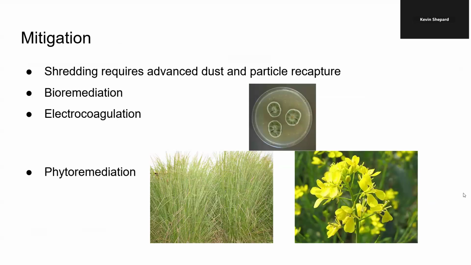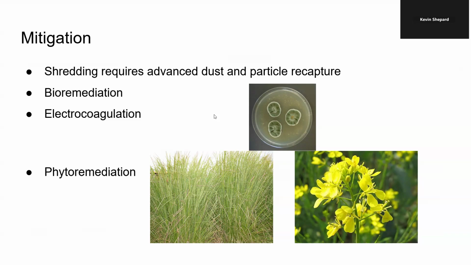So, mitigation strategies that the paper talked about. If you have a recycling plant for e-waste doing any sort of mechanical shredding, you need advanced dust and particle recapture technology to make sure it does not escape your system. It also talked about bioremediation and electrocoagulation, which are microplastic-focused mitigation techniques.